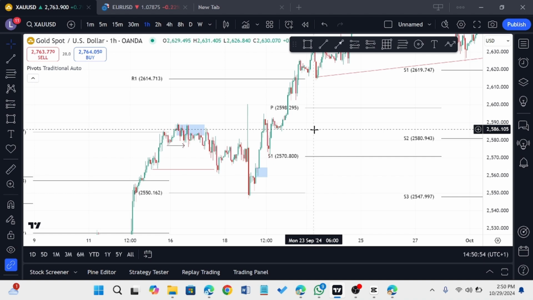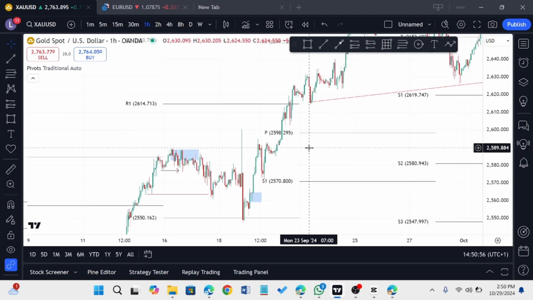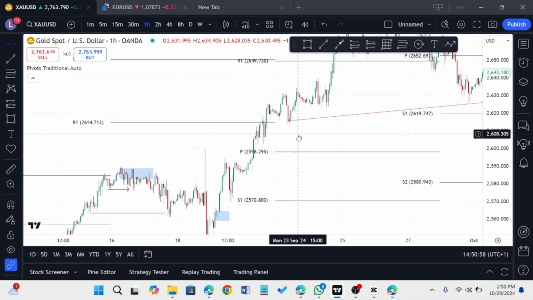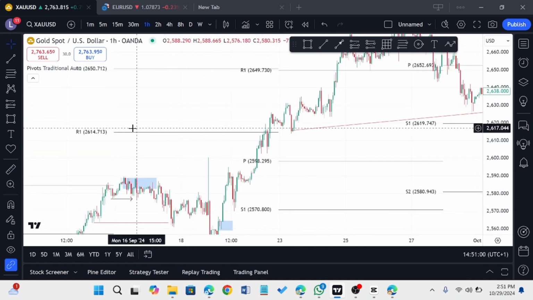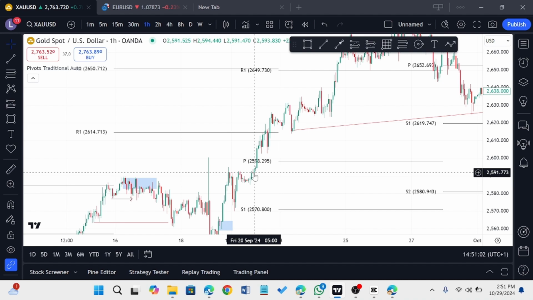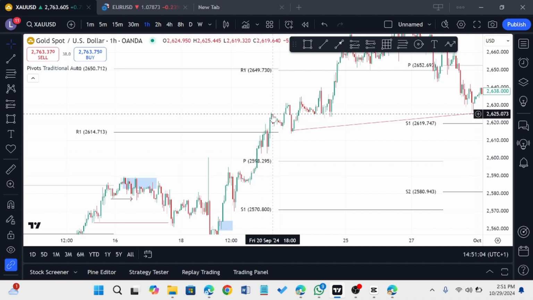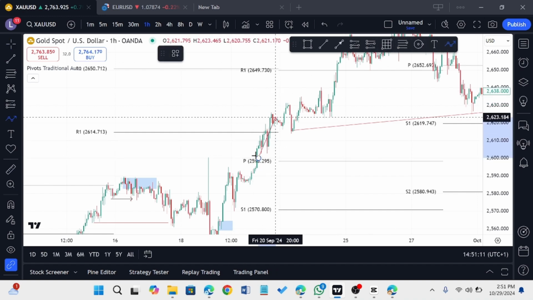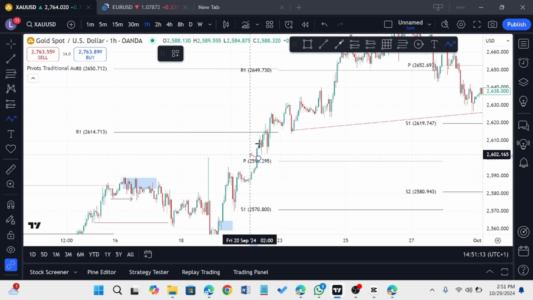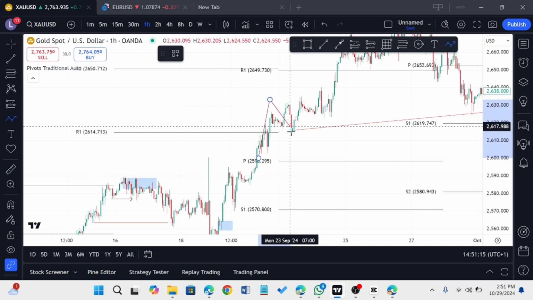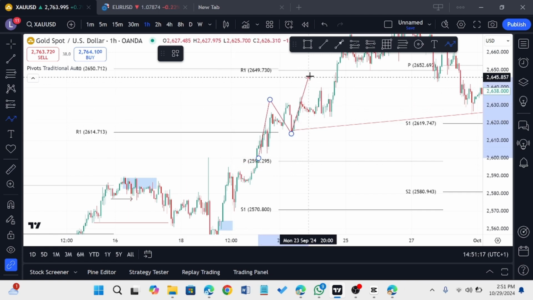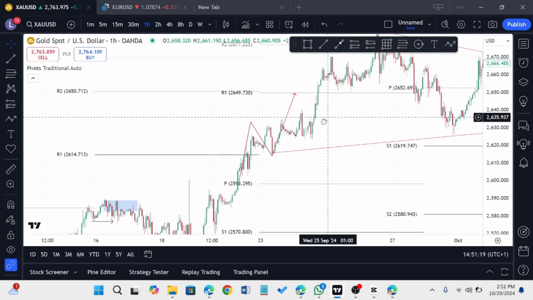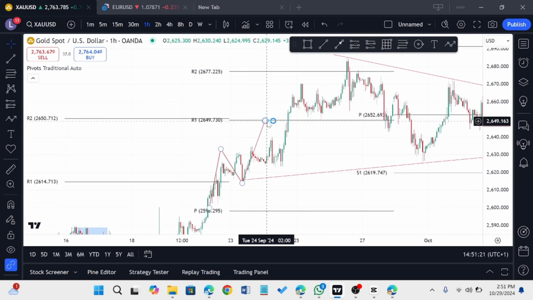So you confirm a breakout with increased volume. You can see right here we had this breakout of the R1. Price broke out with volume, and you can see this retest. Price broke out of this R1, massive breakout, a retest, and continuation to continue the bullish trend.